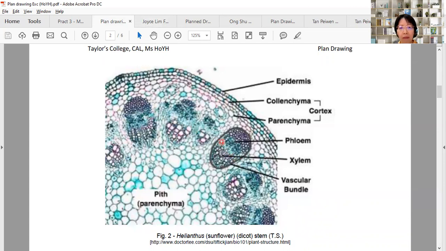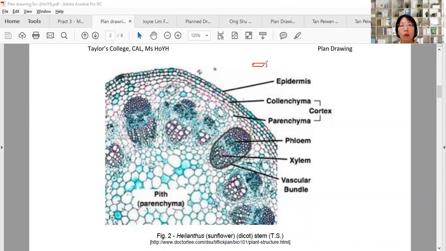Why? Because the cells are meristematic cells. That means cells at the stage of cell division. So there's no thickening of the cell wall. There's no differentiation, specialization. So the cell is very thin in the cell wall and the smallest because it's not elongated. So usually it is brick shape.